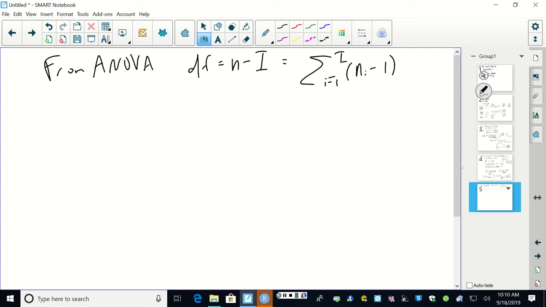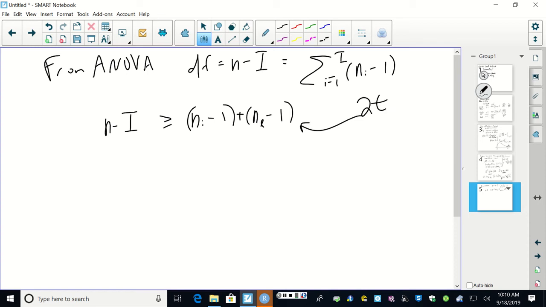They all contribute. The n minus I is going to be greater than or equal to the two sample degrees of freedom that we would have.